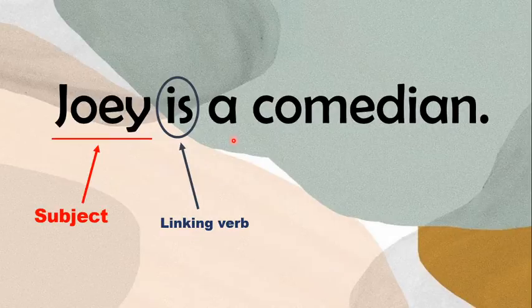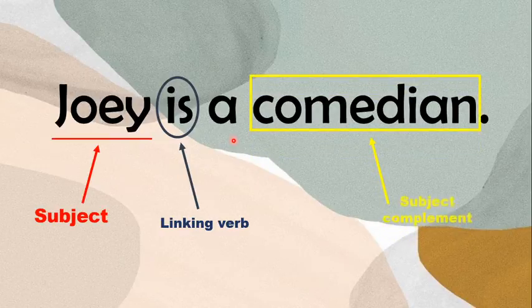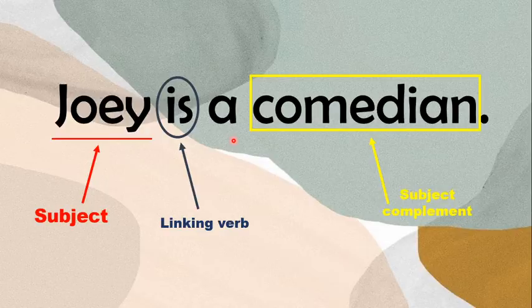And then here we also have what we call the subject complement, meaning it complements the subject with the help of the linking verb. It links the idea between Joey and the comedian. Meaning to say, Joey is what? A comedian. Did you understand it?